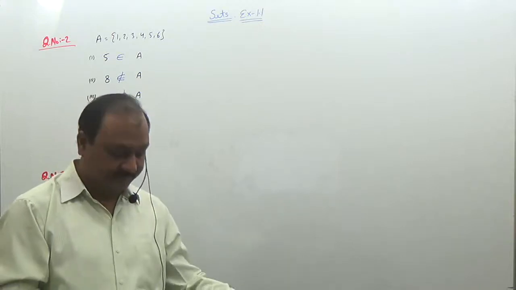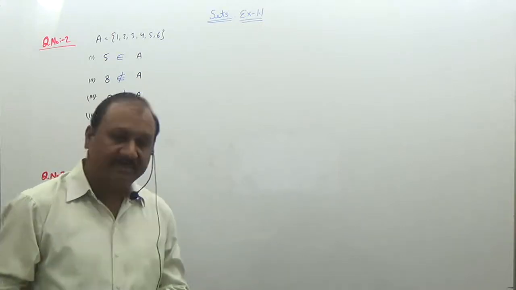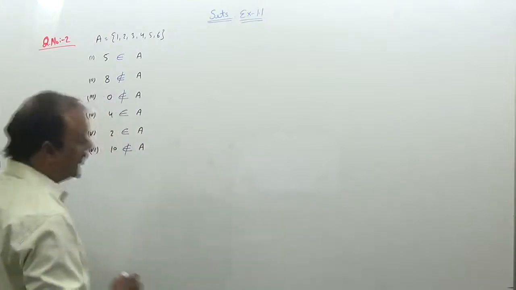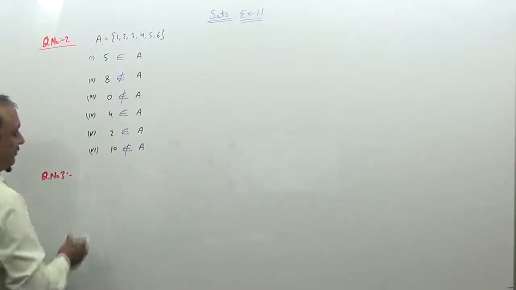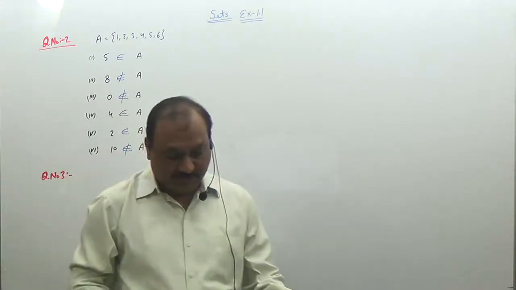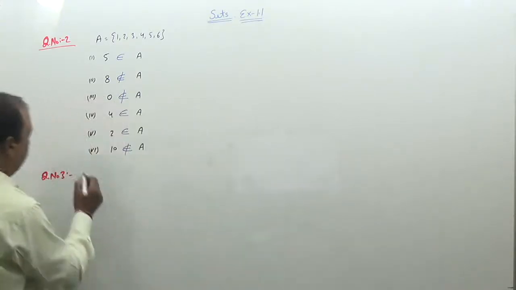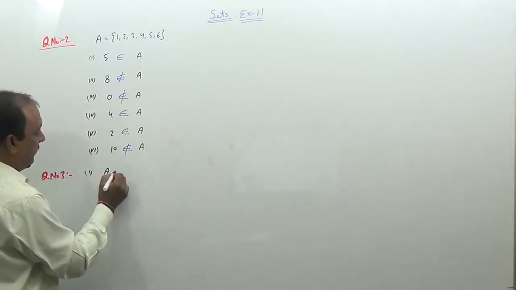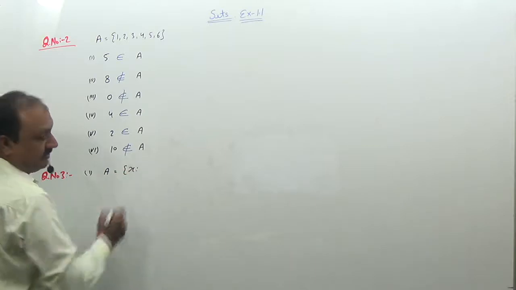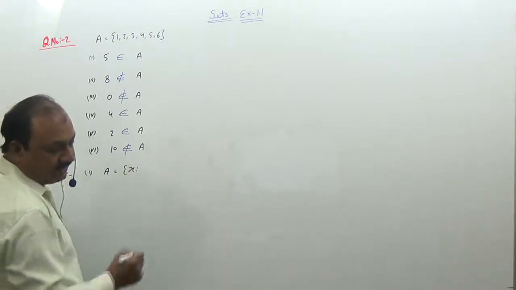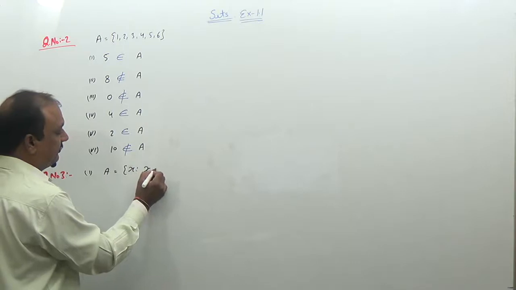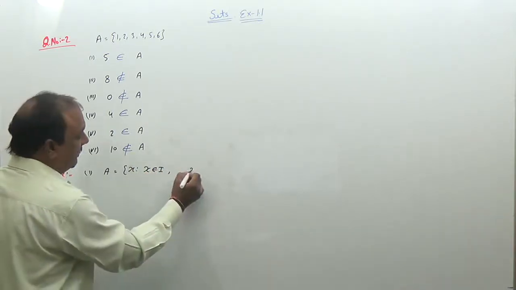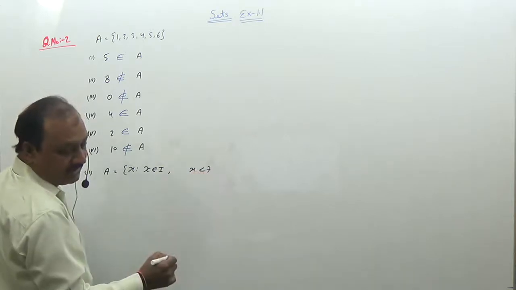Question number 3 is, write the following sets, given in set builder form, in roster form. First is A, the set of elements X such that X is an integer, X belongs to I, and X is less than 7 and greater than -3.